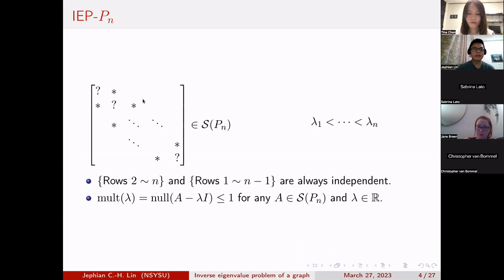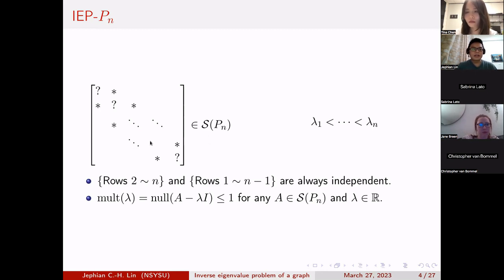In particular, all these off-diagonal entries must be non-zero, while the diagonal entries could be anything. It is symmetric. So what are the possible spectra of a matrix here? Can I say, for example, 3, 3, 2, 2, 2? Can it be a spectrum of P5, something like that?